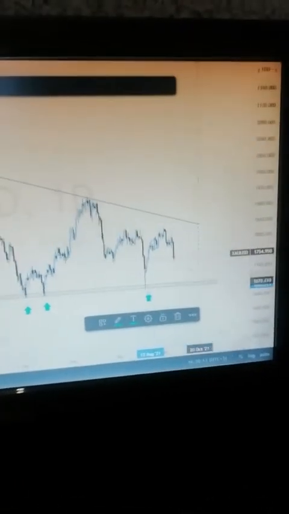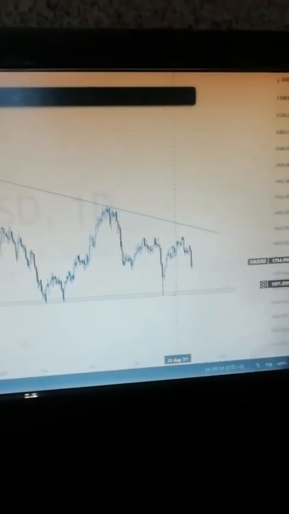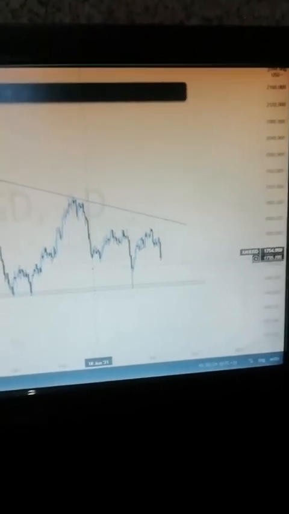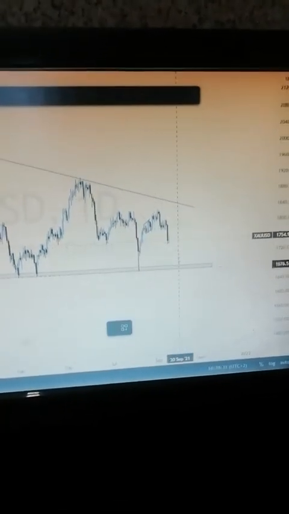So we know that whenever price comes down to these areas, we will most likely see some rejection or some reaction, because most people think the more an area is tested, the stronger it is, but actually the weaker it is, because sooner rather than later price will have to break that area.